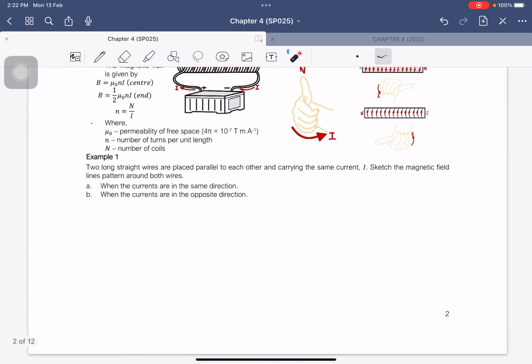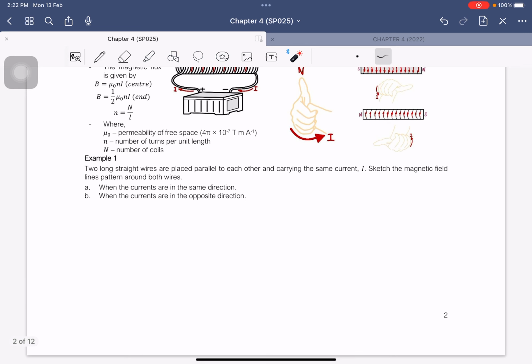Okay, so example number 1, there are two long straight wires placed parallel to each other and carrying the same current. So this is the wire, and then we have to draw the magnetic field lines pattern around both wires when the currents are in the same direction. Okay, so this is the current. I'm gonna draw it with green color.